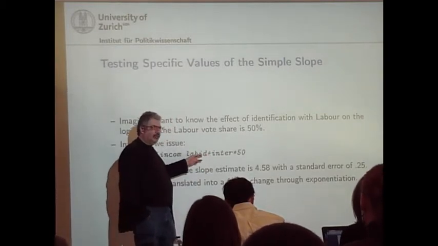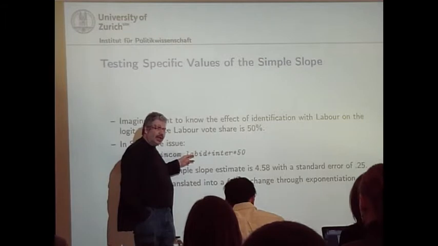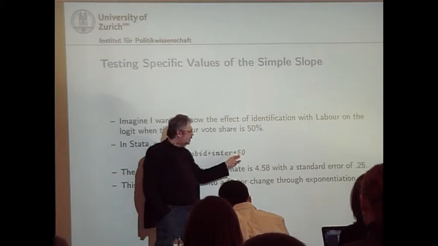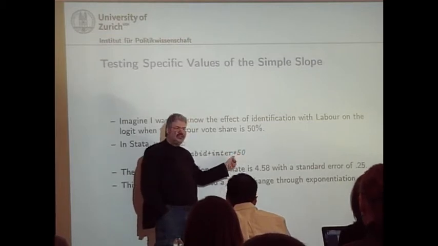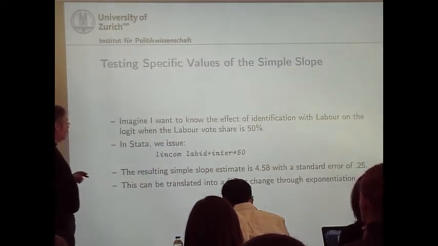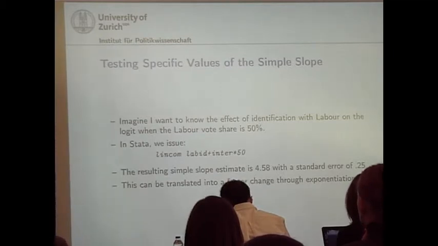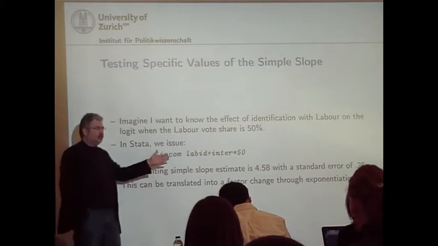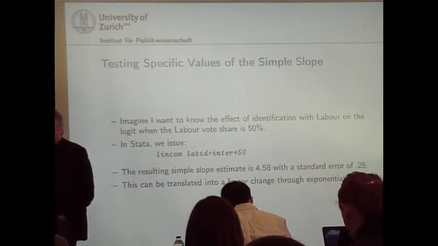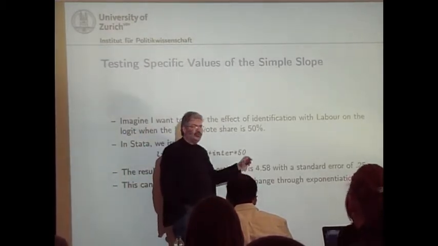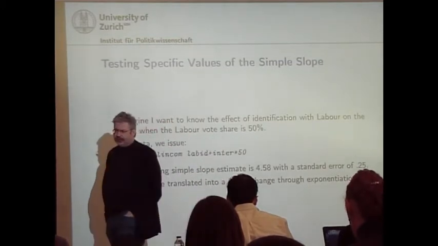That's basically picking up the coefficient associated with Labor identification, plus the interaction coefficient times the value of Z, which in this case is set to 50. Then the resulting slope estimate is 4.58. That's the effect on the logit, with a standard error of 0.25. And if you want to know the effect on the odds, the only thing you would have to do is compute e raised to the power 4.58, and you would have that result.